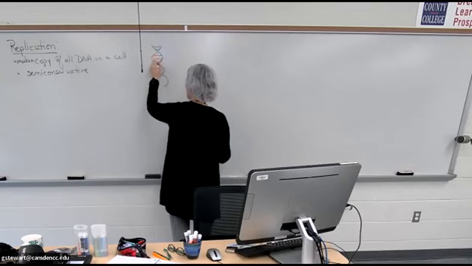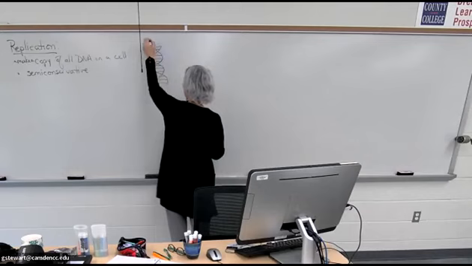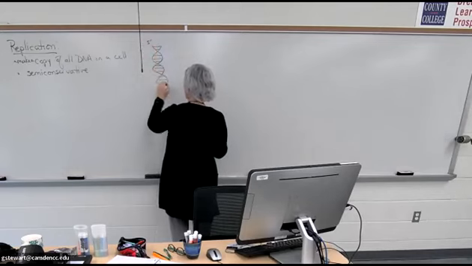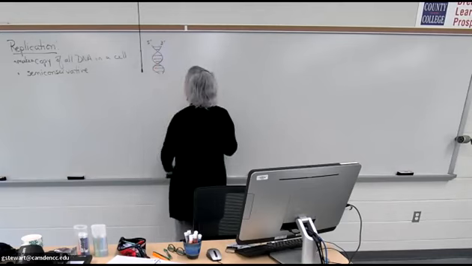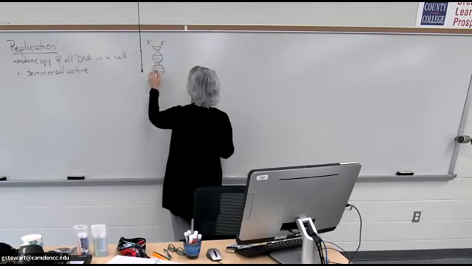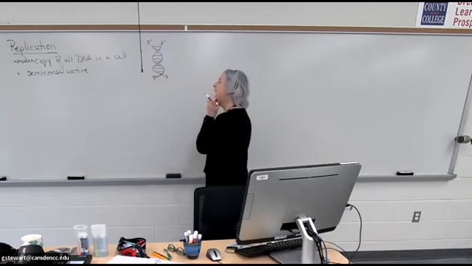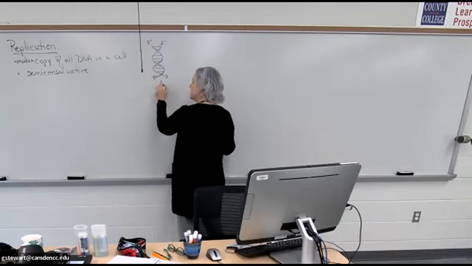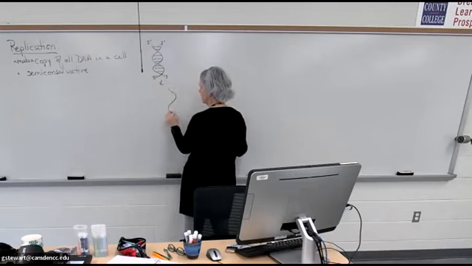The lines being the base pairs, A pairs with T, C with G, this being a 5' end to a 3' end. This being 3' to 5'. I know it doesn't look like it's right, but when this unwinds and unzips, I'll put the 5' one over this way.